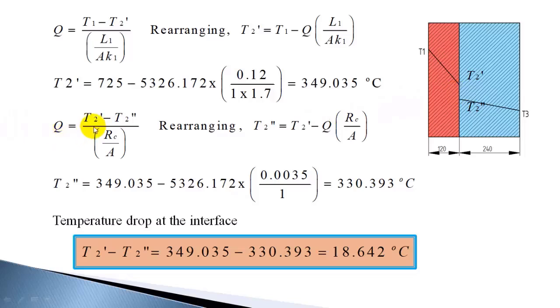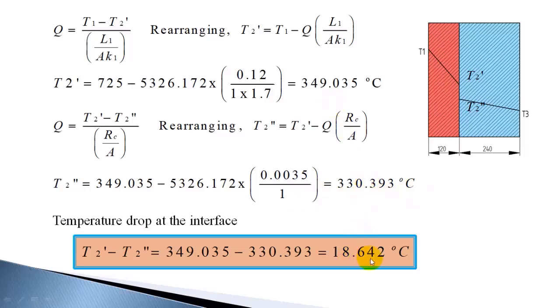So Q is T2 dash minus T2 double dash divided by RC by A. Rearranging, we get T2 double dash is equal to T2 dash minus Q into RC by A. So T2 dash is known, 349.035, minus Q is known, and RC is 0.0035. So it will work out to 330.393 degrees centigrade.